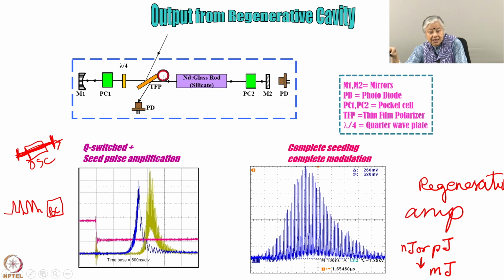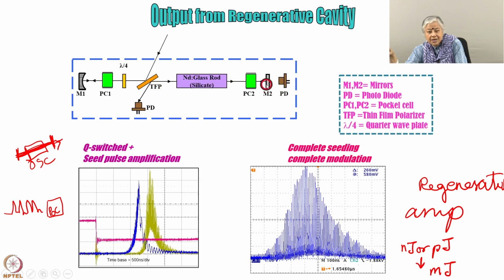So, here is the input and here is the output at the end of say 100 passes or 50, 60, 100 passes it goes until it has extracted all the energy it can from this medium. Okay. So, I have a photodetector here and I have a photodetector even here.